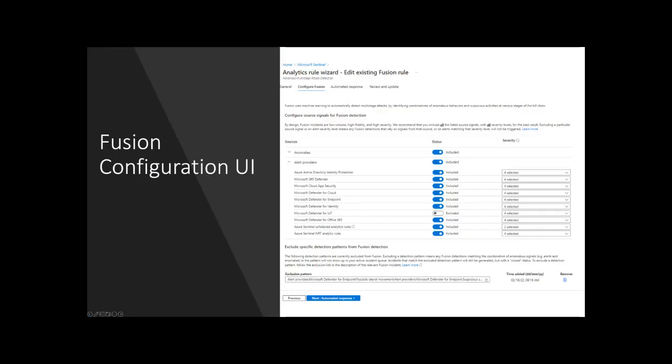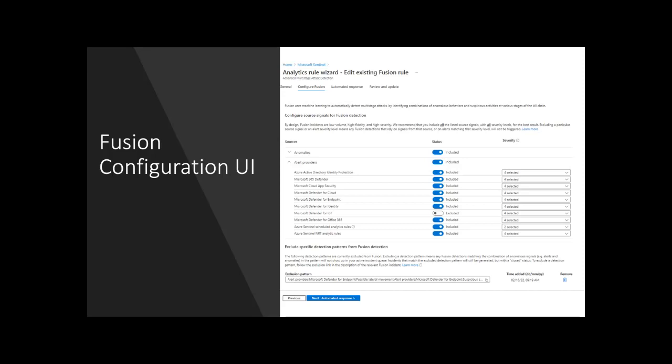The great thing about Fusion is that it is sprinkled all over the Microsoft Sentinel portal, right? It's everywhere, and it is definitely a very key component to address both alert fatigue and also false positives.